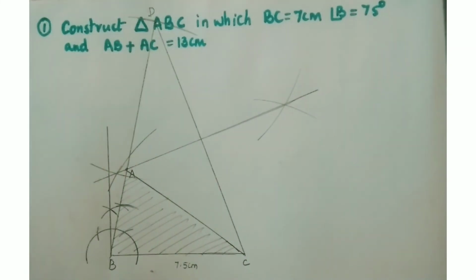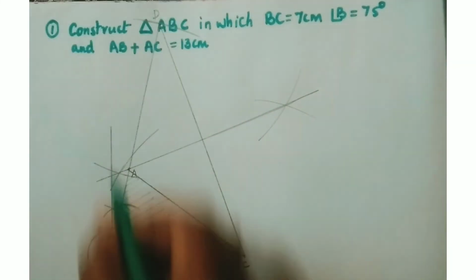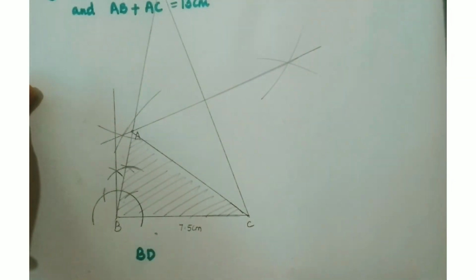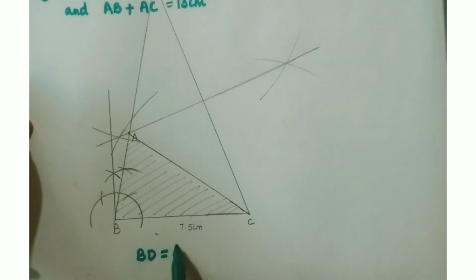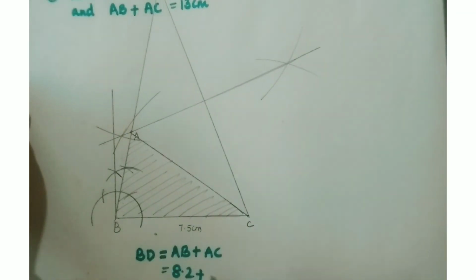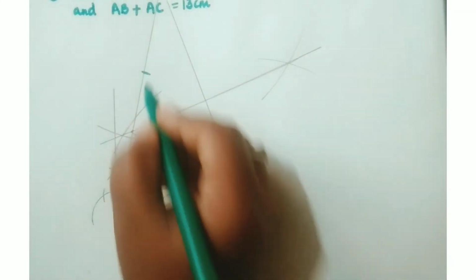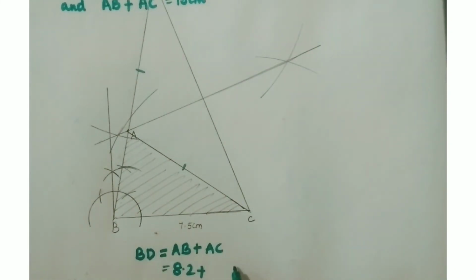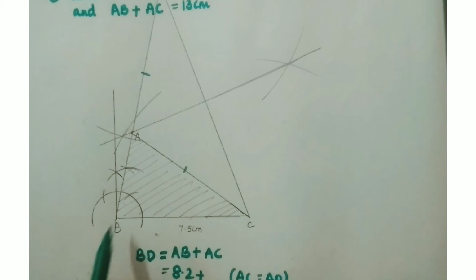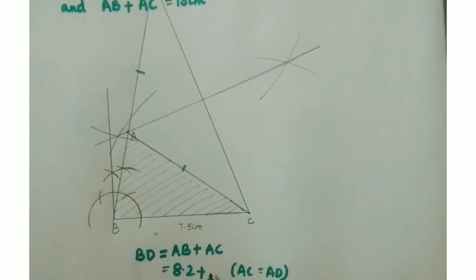Now the entire length BD will be equal to AB plus AC. AC when we measured, we got 8.2, and AB you got 4.8.